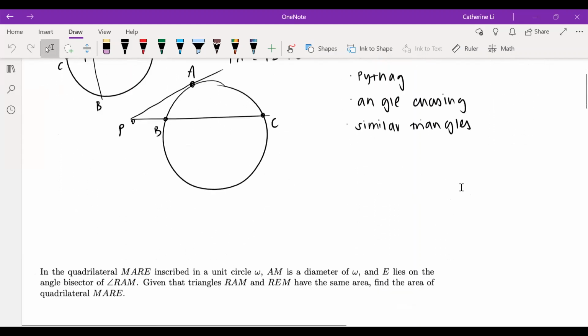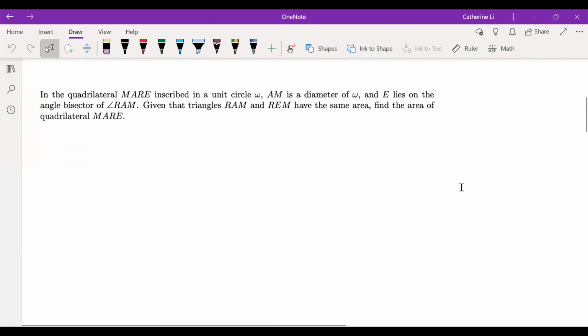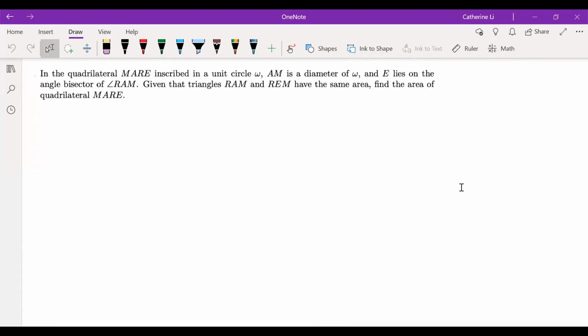So the first one, we have a quadrilateral that's inscribed in a unit circle omega. And we're given that AM is a diameter, and E lies on the angle bisector of RAM.